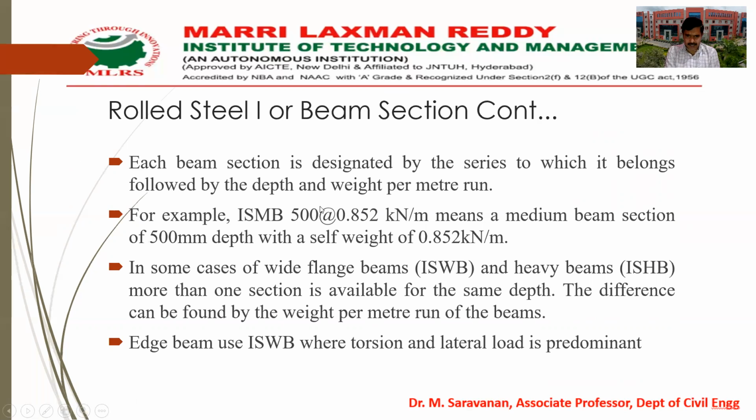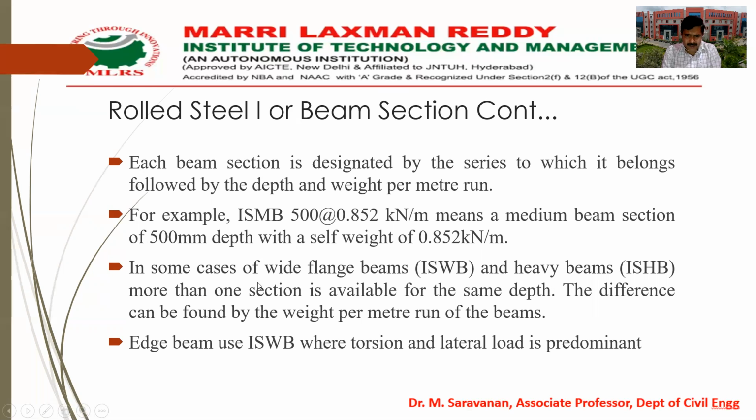For example, ISMB 500 at 0.852 kN per meter means a medium weight beam section of depth 500 mm with a self weight of 0.852 kN per meter. So first the depth, 500, then the 0.852 is the self weight of the beam.